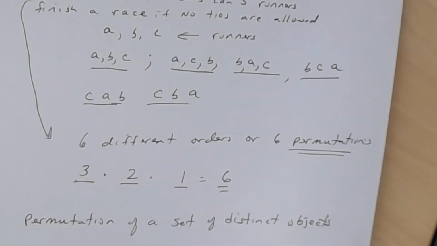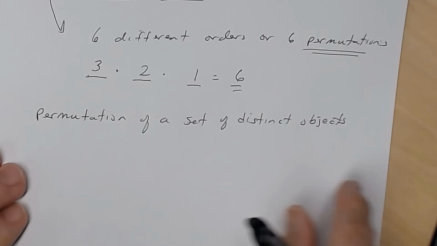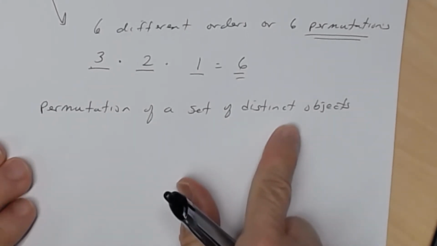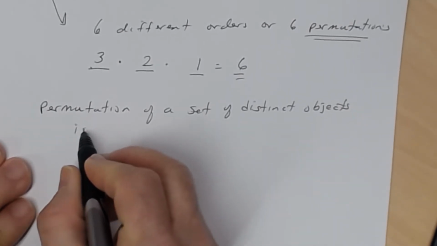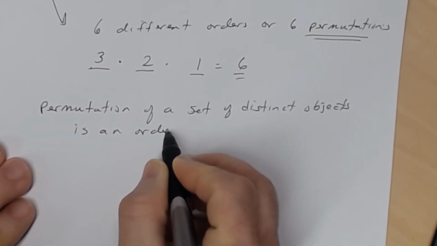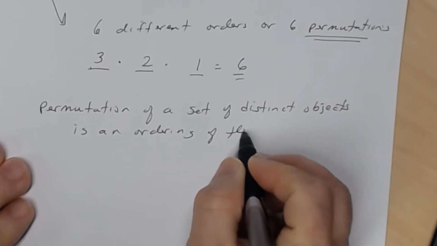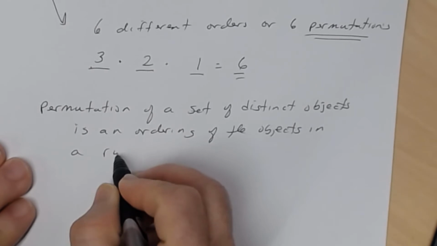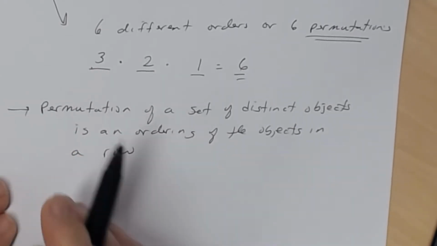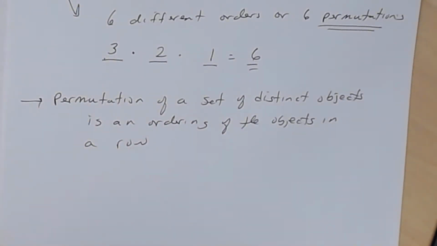So a permutation of a set of distinct objects is an ordering of the objects in a row. Okay, so that's one idea. A permutation of a set of distinct objects is an ordering of the objects in a row.